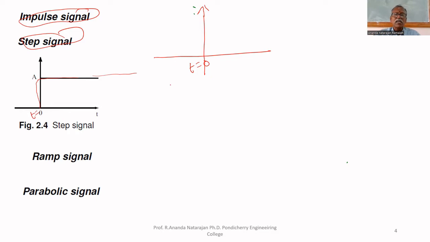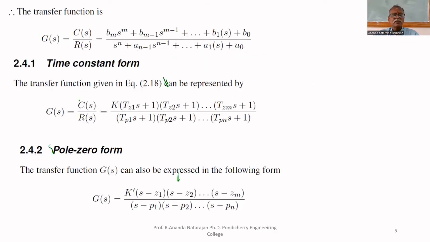Impulse input. At t equal to 0, its magnitude goes up to infinity in the ideal case. But if we integrate that signal from minus epsilon to plus epsilon, that signal is called del of t.